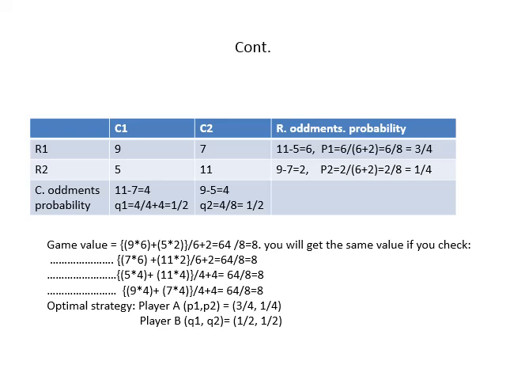Let's move to the second probability, P2. P2 equals 2, the oddments of R2, over 6 plus 2.